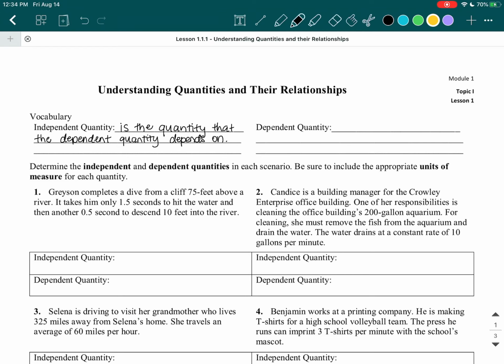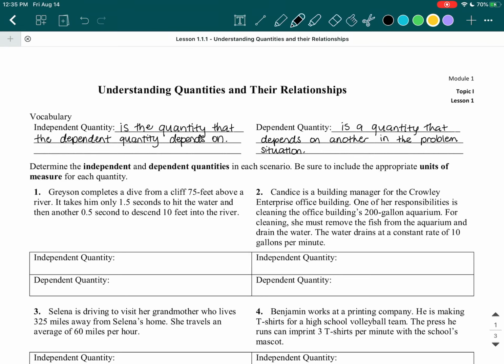All right, let's go on to dependent quantities. Think about what these words mean, okay? Dependent quantity is a quantity that depends on another in the problem situation.